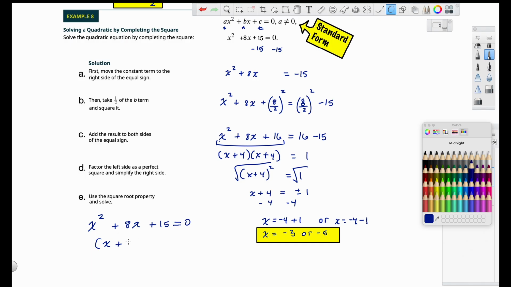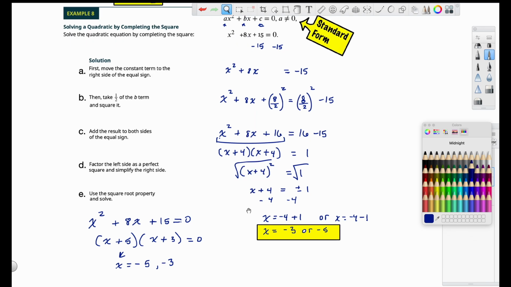Well, it's 5 and 3, right? And then when we solve here, a negative 5 would make this 0, and a negative 3 would make this 0. That just kind of checks our solution. Okay.